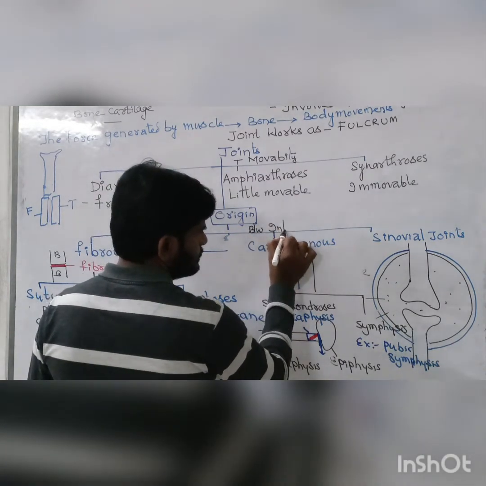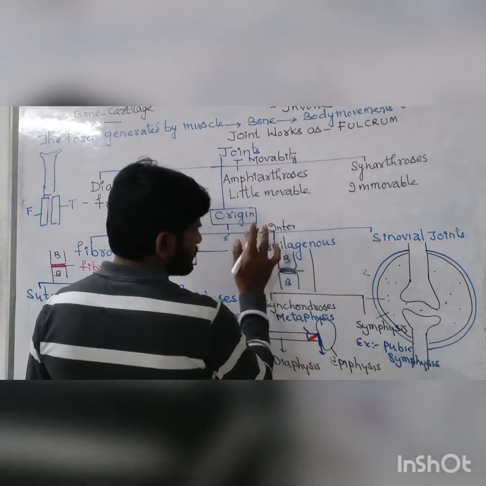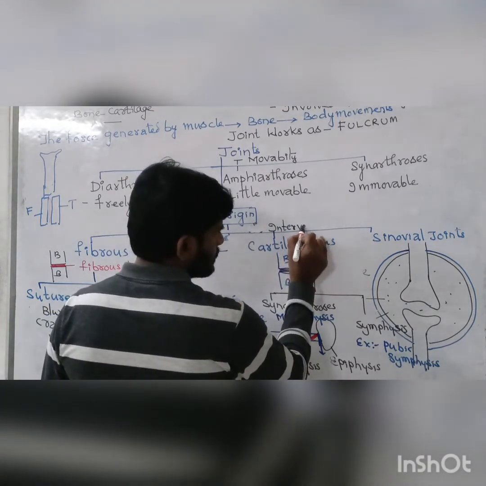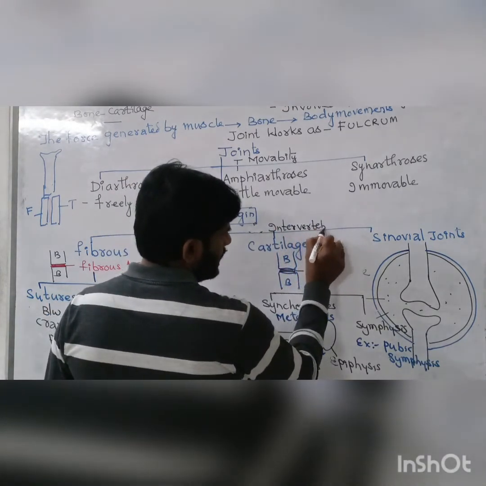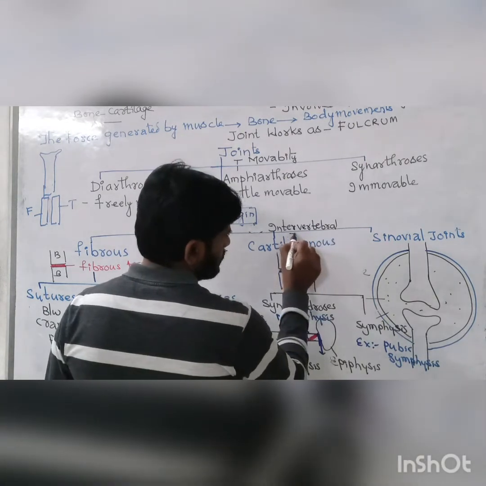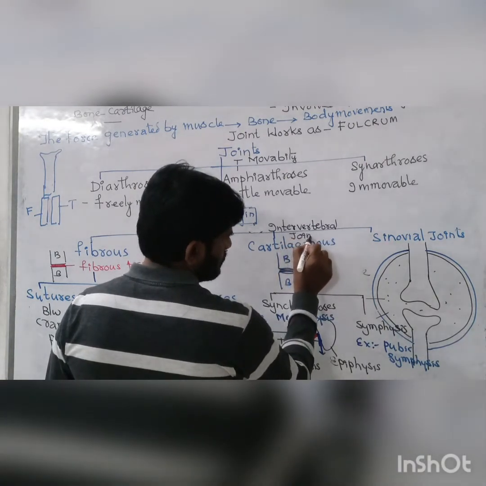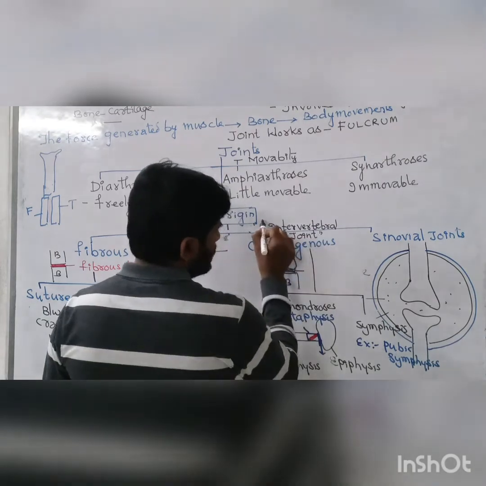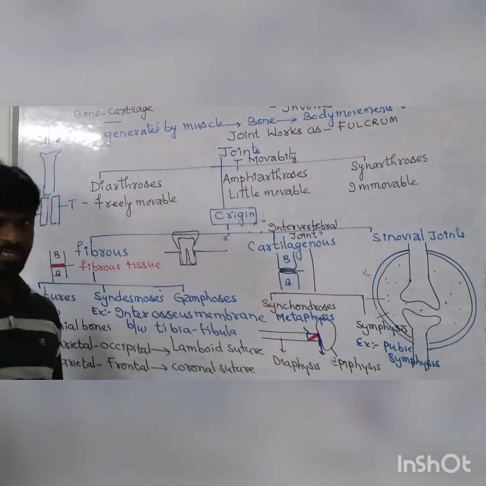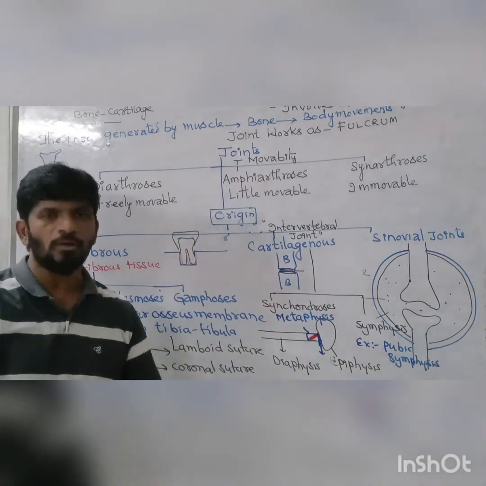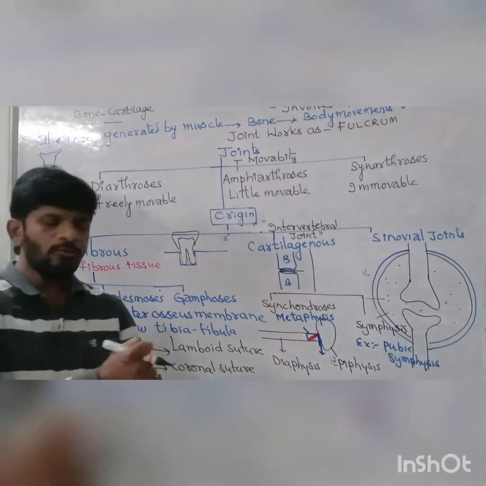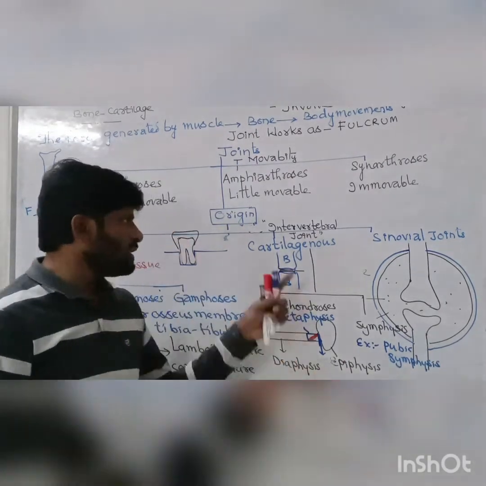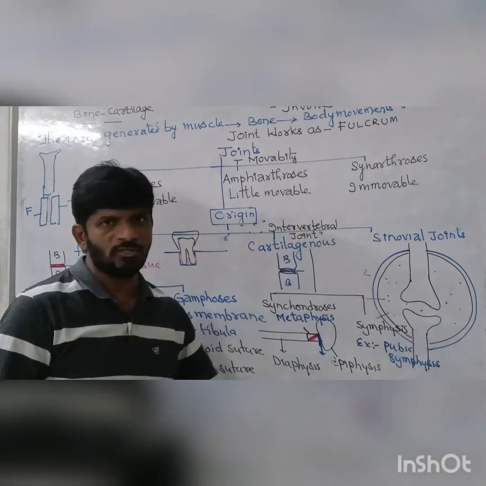The intervertebral joint is a cartilaginous joint. Between the two vertebrae there is a cartilage.